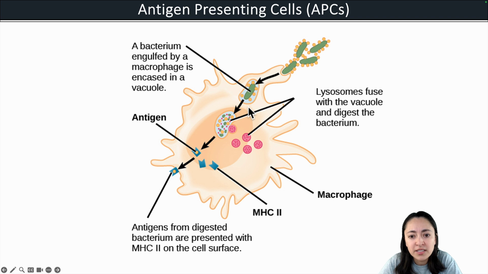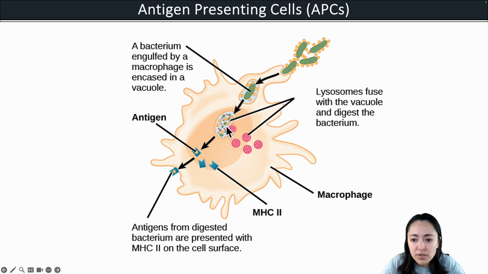Once the macrophage eats the bacteria, the vesicle that it uses to bring the bacteria into the cell is going to fuse with lysosomes. Lysosomes are specific organelles within a cell that contain digestive enzymes. So whenever the lysosome fuses with the vacuole containing the bacteria, it releases digestive enzymes that allow the macrophage to break down and digest the bacteria.